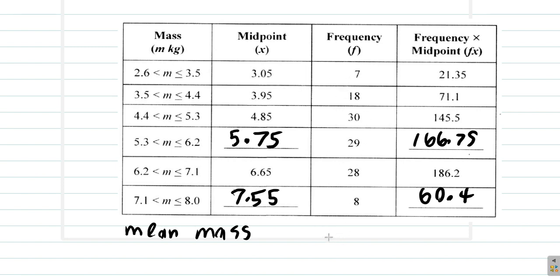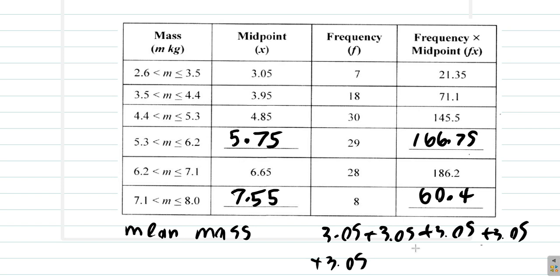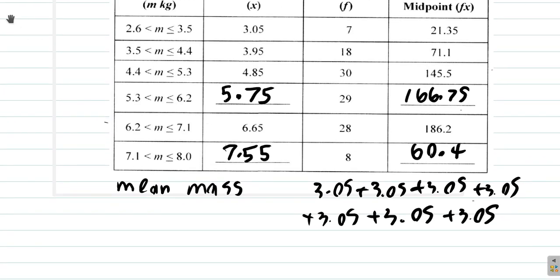The frequency of 7 means you have 3.05 plus 3.05 plus 3.05, seven times in all. That's what it means. And then the 3.95, you have 18 of them. So you say plus 3.95 plus 3.95 and so on, 18 of them.